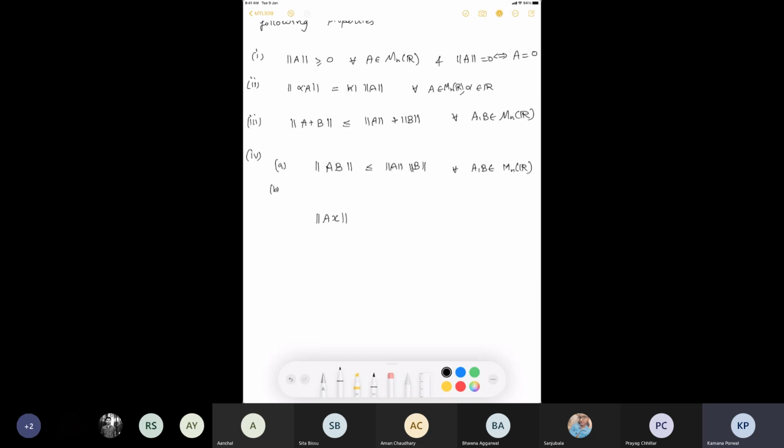So I have to differentiate the vector norm from the matrix norm. So let's take x in Rn, and let's consider that Rn is equipped with a vector norm.